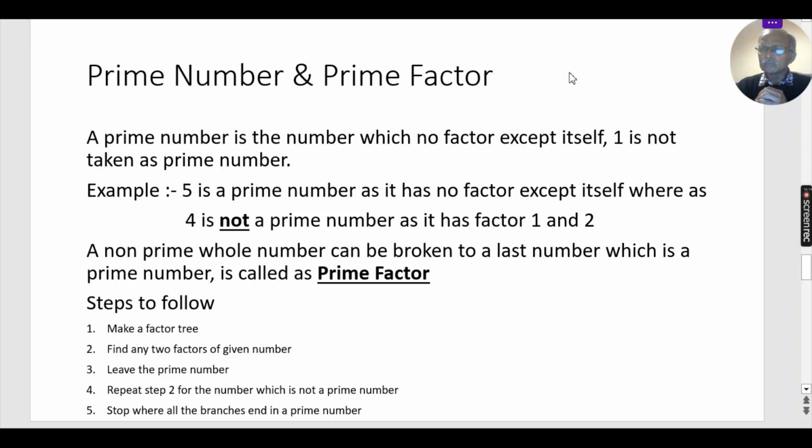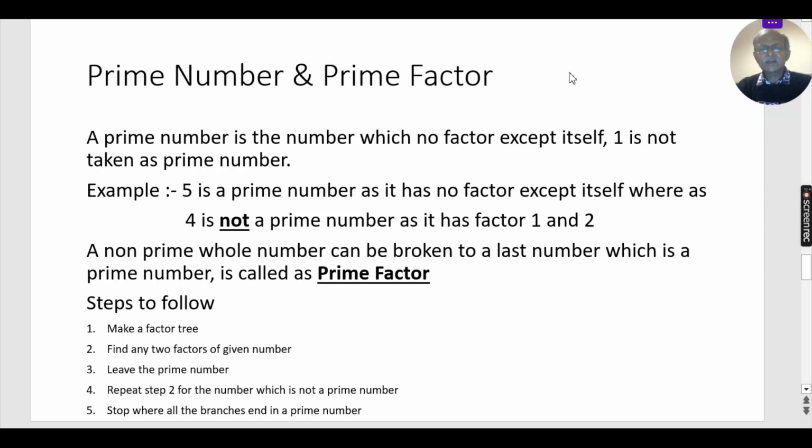But 2 cannot be further divided, so 2 is a prime number. Got it? Now how do we find out a prime number? That is very simple. Divide by 1, 2, 3, 4, 5, 6, and if it can be divided, it is not a prime number. If it cannot be divided, it is a prime number.